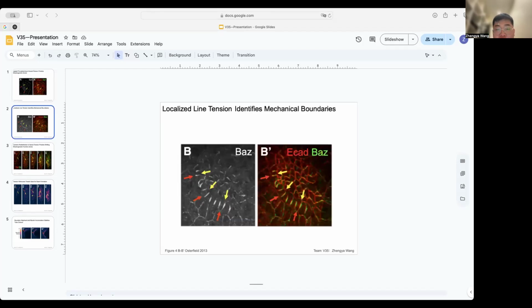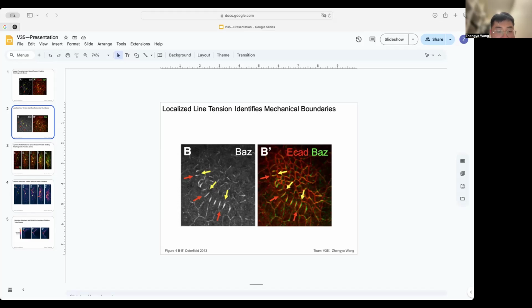Figure 2, B to B prime, shows that localized line tension identifies mechanical boundaries. Here we zoom in to examine the apical surfaces of individual epithelial cells.